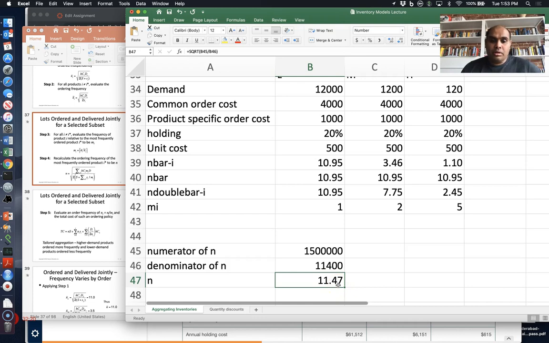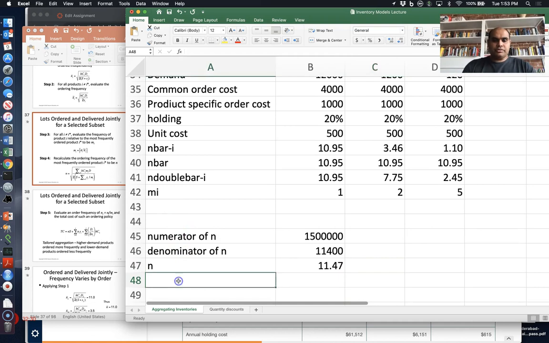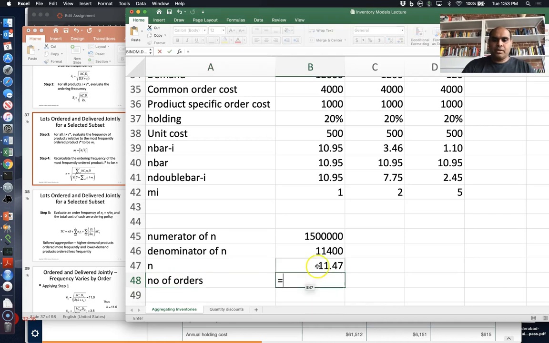And how you will be ordering, the number of orders will be this number divided by mi.